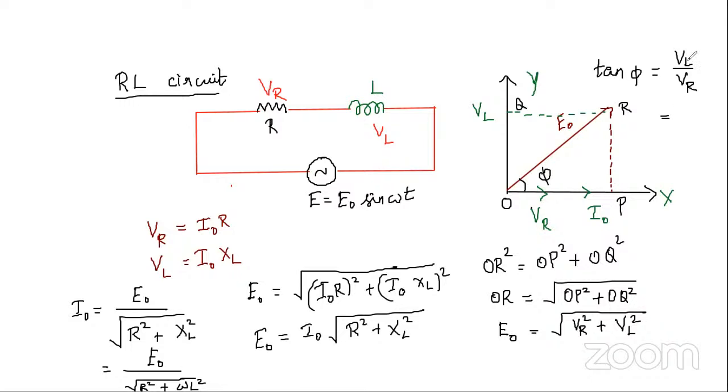VL can be written as I naught XL, divided by VR, which is I naught R. When you simplify both of them, you will be getting XL by R. So from this, tan phi can be represented as omega L divided by R. This is tan phi equal to omega L divided by R. From this, you can find out phi equal to tan inverse of omega L by R.